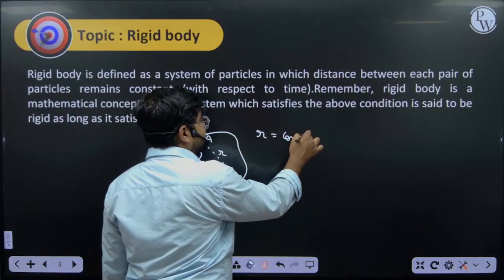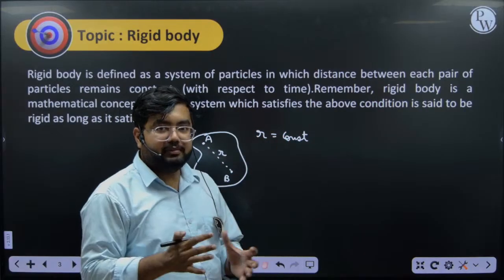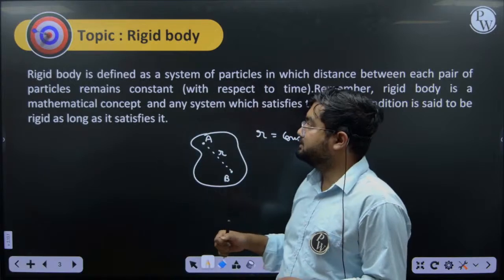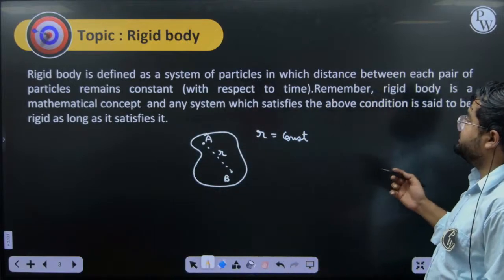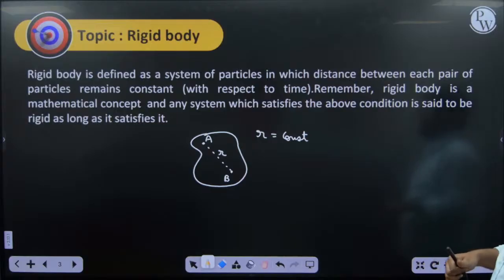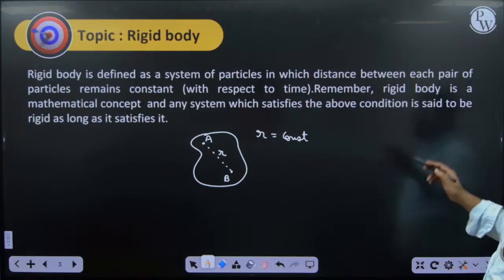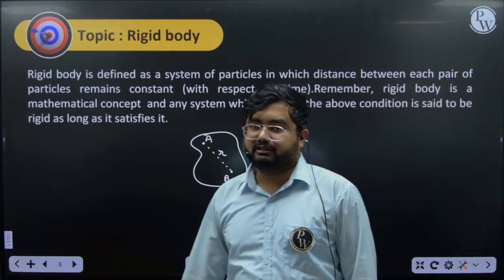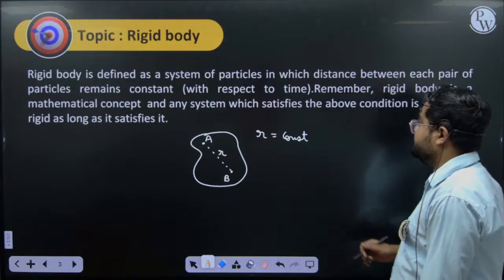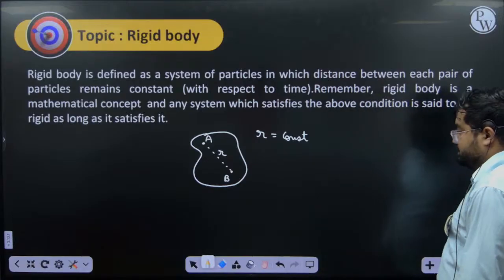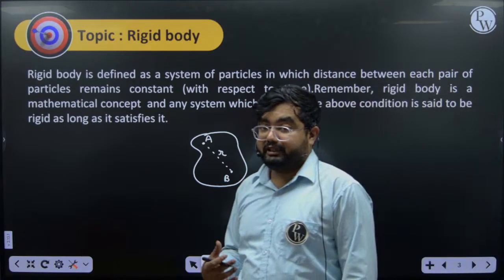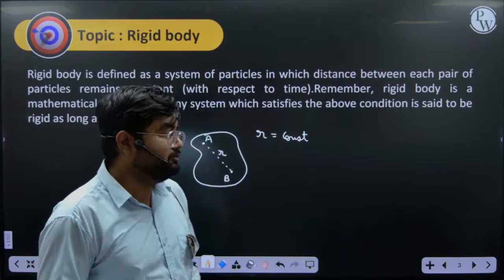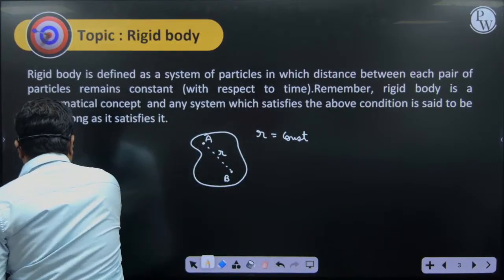That means the body cannot be compressed or extended. So a rigid body is defined as a system of particles in which the distance between each pair of particles remains constant, and rotational motion is also known as rigid body dynamics. In this chapter we will be dealing with rigid bodies.